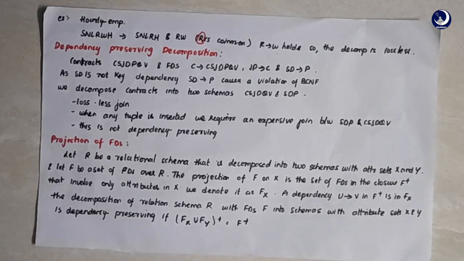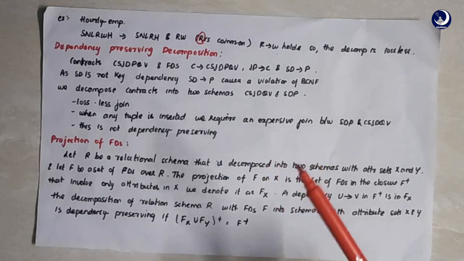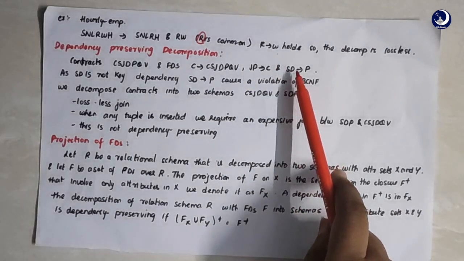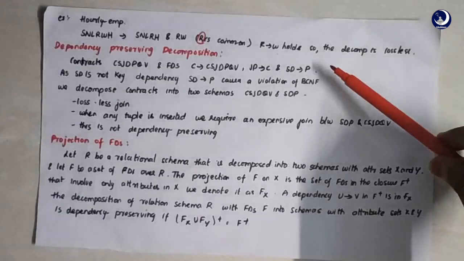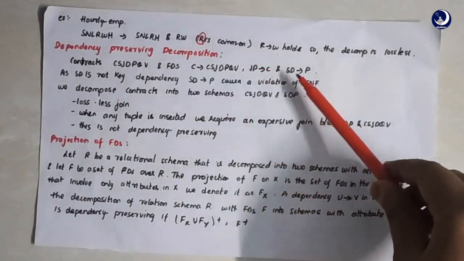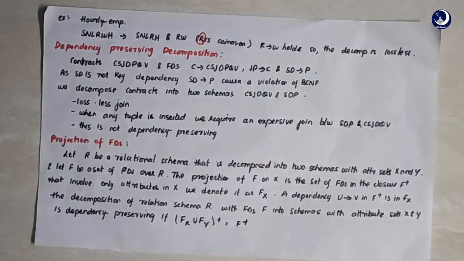We have considered the known FDs, which are C determines the entire relational schema, JP determines C, and SD determines P. I have explained these functional dependencies in the functional dependency lecture. So I recommend you to watch that particular video so that you can understand how we have known all of that.